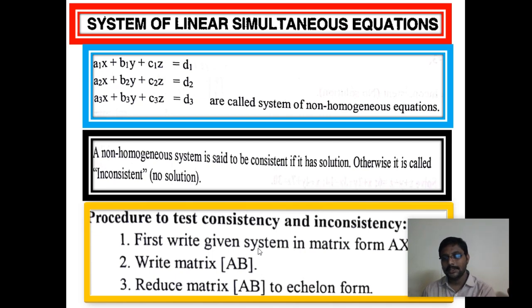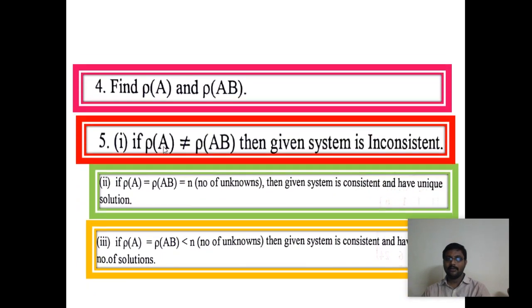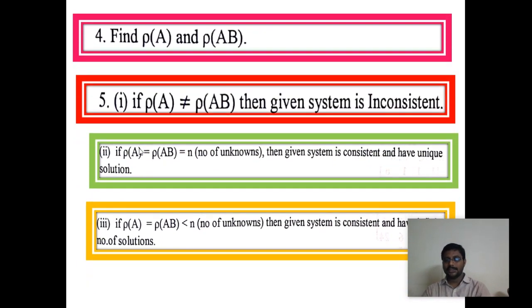We reduce it to echelon form so that we can decide the rank of A and the rank of AB. In the fourth step, we find the rank of A and the rank of AB. In the fifth step, the ranks of A and AB are compared. If the rank of A is not equal to the rank of AB, then the given system is inconsistent.